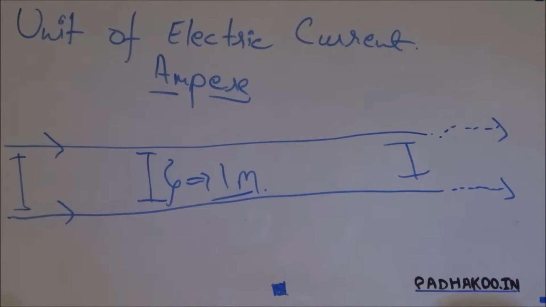Let's do it again. 1 ampere is the constant current which, when maintained in two straight parallel conductors of infinite length and negligible cross section, which is obvious, and placed 1 meter apart in vacuum, would produce a force of 2 into 10 to the power of minus 7 Newton per meter of length.